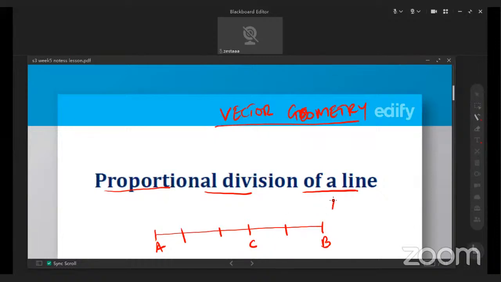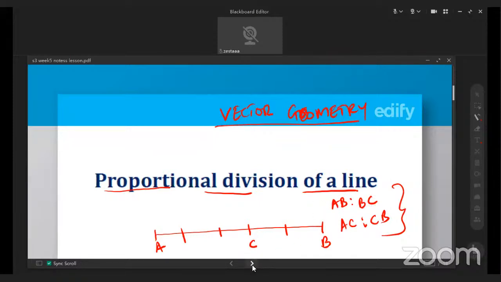Maybe they say the ratio of AB to BC, or maybe the ratio of AC to CB. This is where the proportional division of a line comes in. You are looking at how you compare 2 points to a second set of points, or a third set of points. So this is what we basically look at.